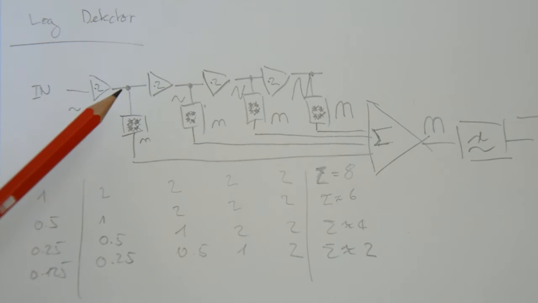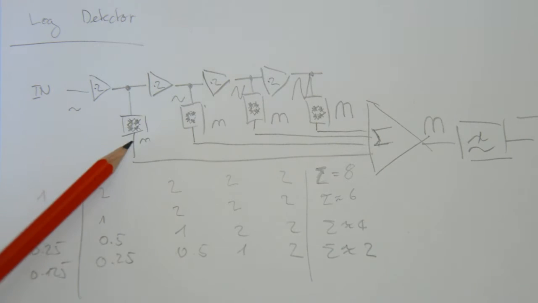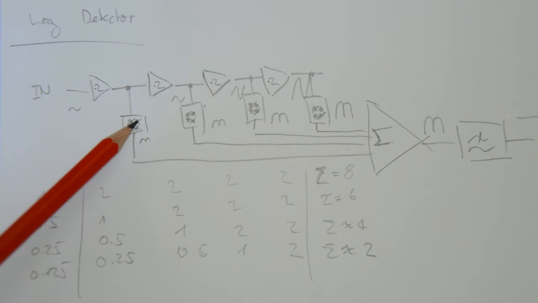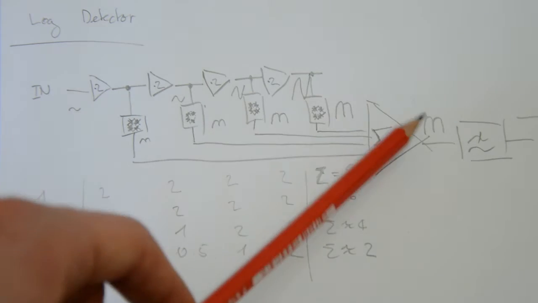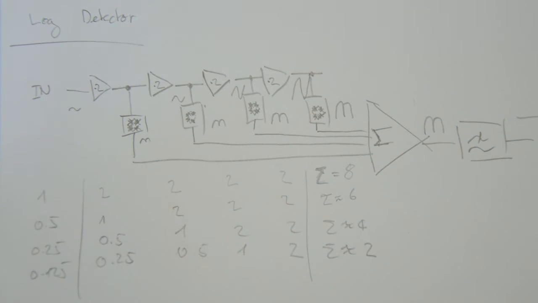Each amplifier output is fed into a detector, which you can think of as essentially a full-wave bridge rectifier. And the output is then summed up in this summing amplifier as well as low-pass filtered. So let's make an example to see how this works. Let's say the limit is, as it was before, 2 volts and we're feeding in 1 volt.